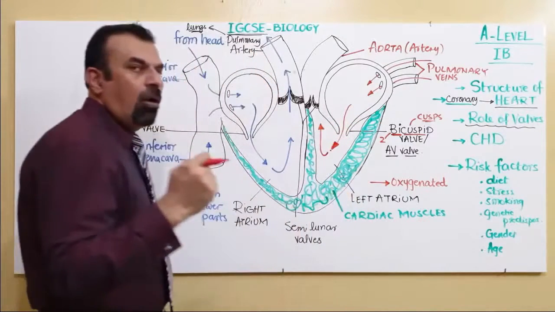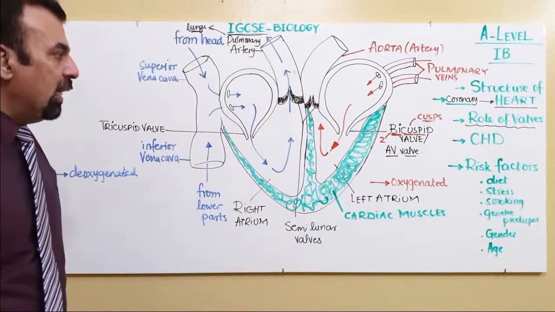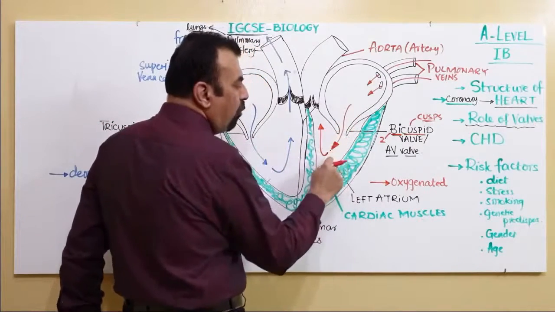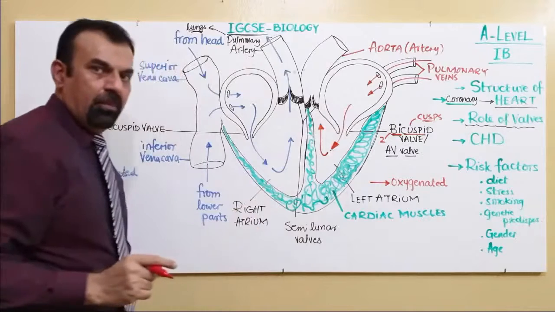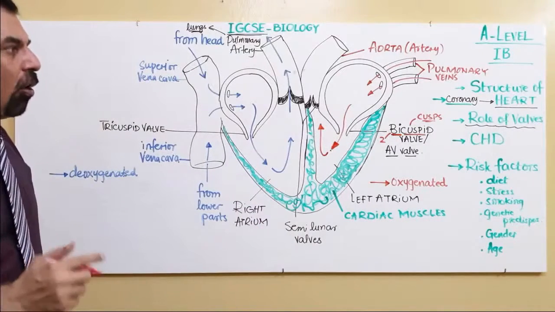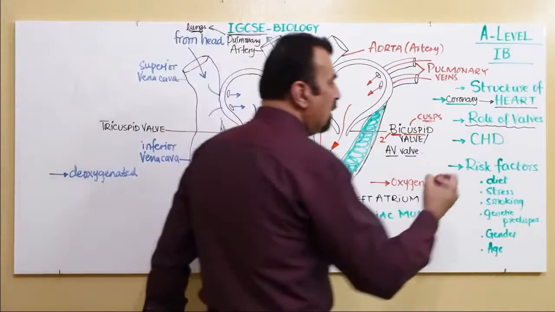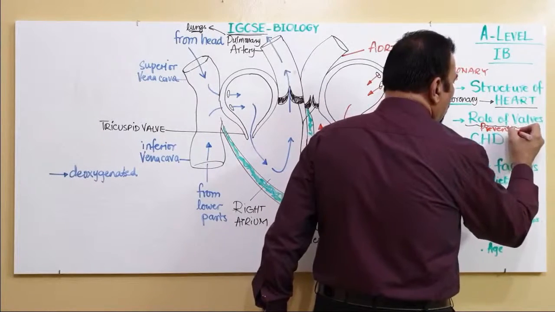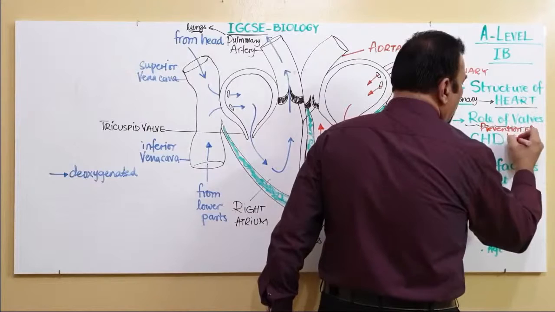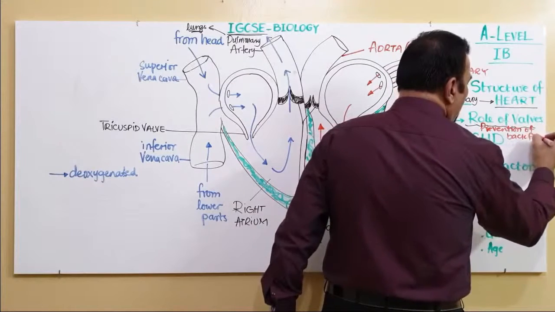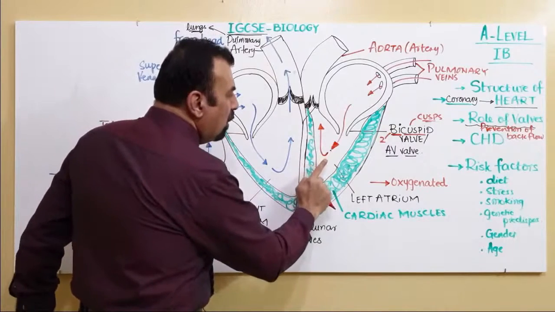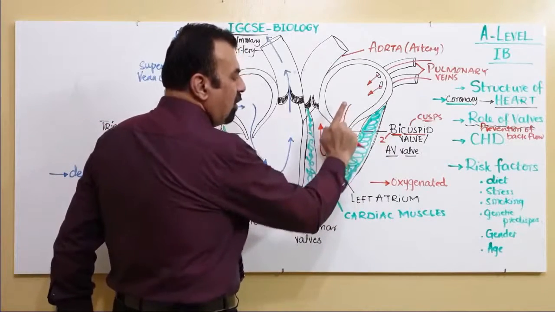That is the role of the valves. This valve is going to prevent the blood from going back from the ventricle to the atrium. So what is the role of valves? They prevent backflow. Backflow means we don't want the blood to go back in this direction.